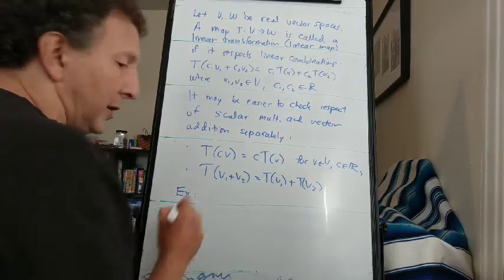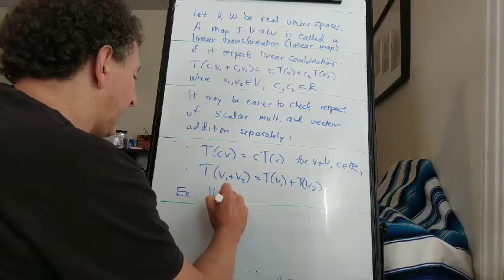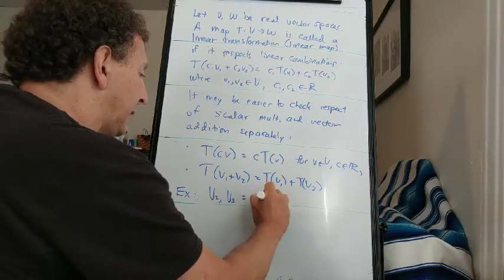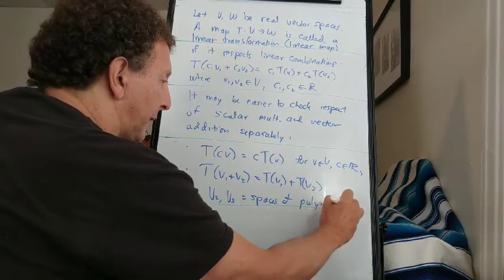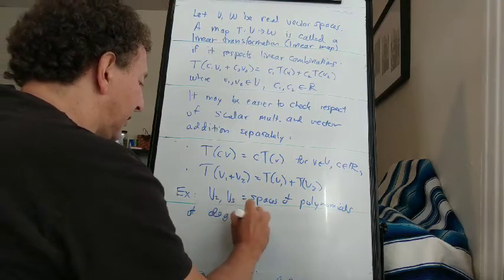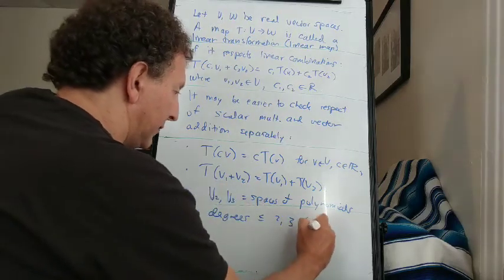So for example, let V2 and V3 be the spaces of polynomials of degrees less than or equal to 2 and 3 respectively.